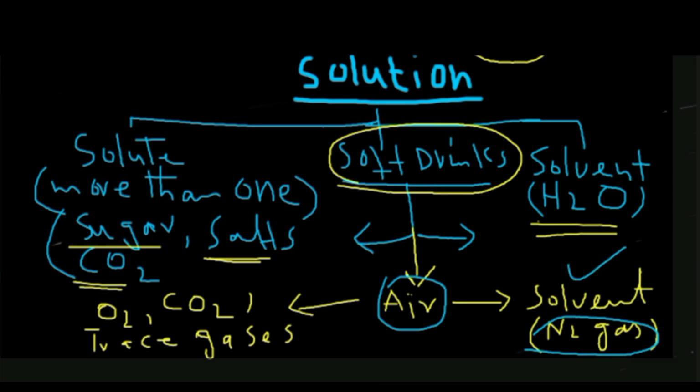The other gases such as oxygen, carbon dioxide and other trace gases are solutes because they are present in small amounts. So air is also an example of a solution which contains more than one solute dissolved in nitrogen.